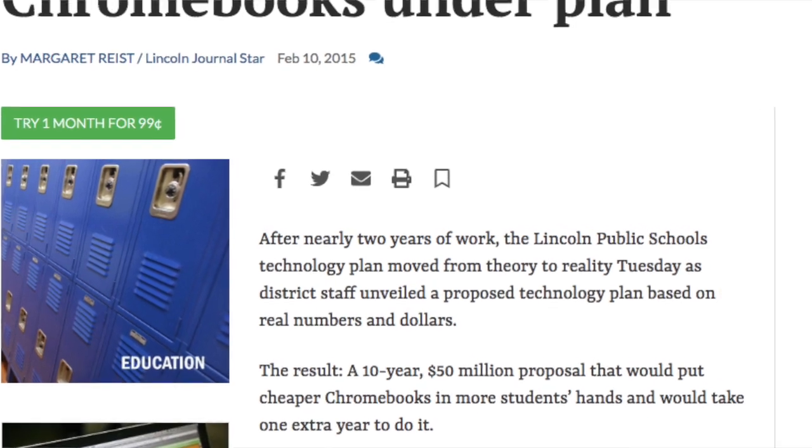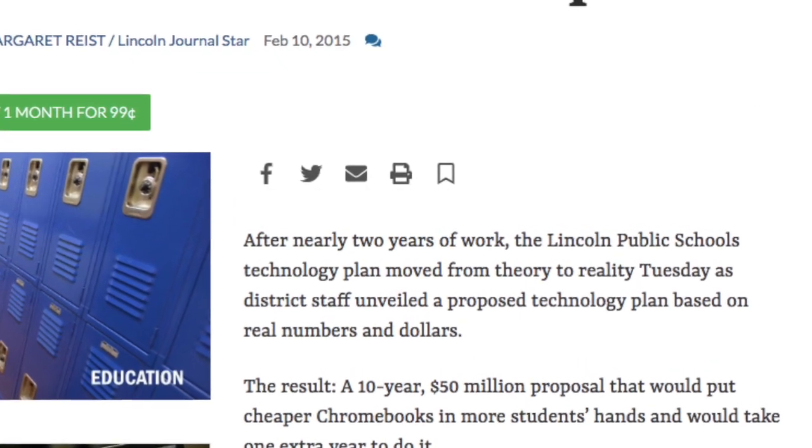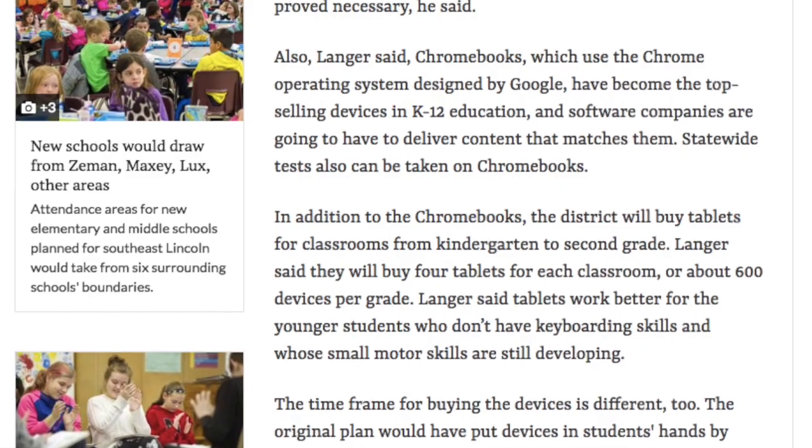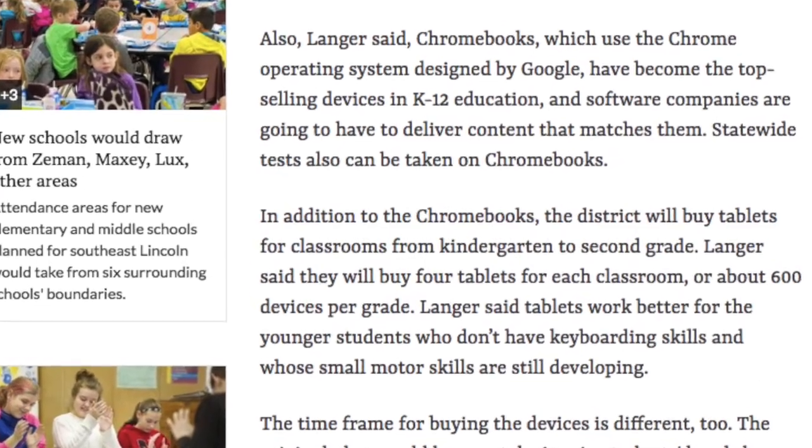Another example, this is also from a couple of years ago in Lincoln Public Schools. The school board approved a $50 million proposal to acquire Chromebooks for all the 3rd to the 12th graders over the next several years, and I believe this has all happened by this point.